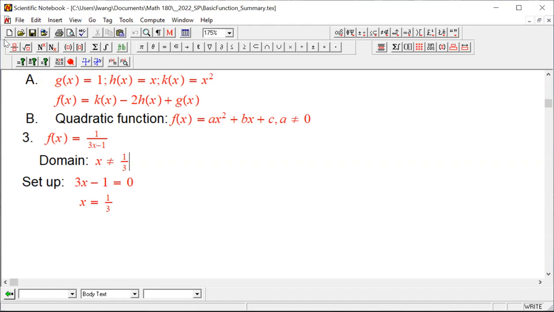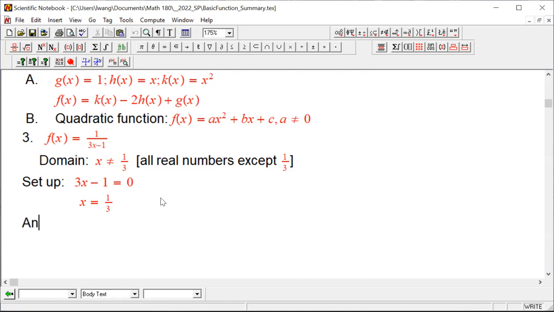The meaning is all real numbers except 1/3. That's what it means, okay?